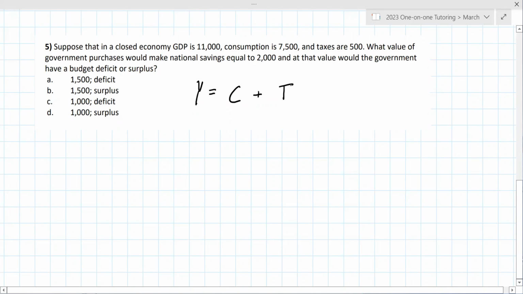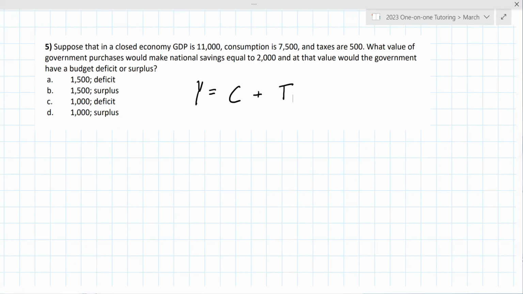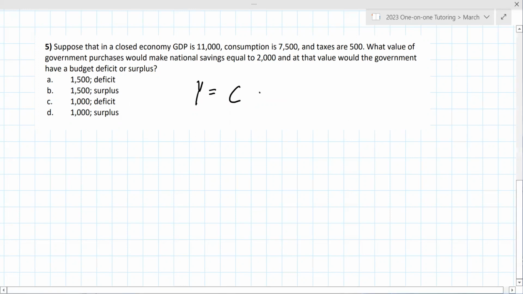perhaps. Is it C plus T equals Y? Let me go back and look. Because I don't know, it's like C plus I plus G equals Y. Okay, like this.